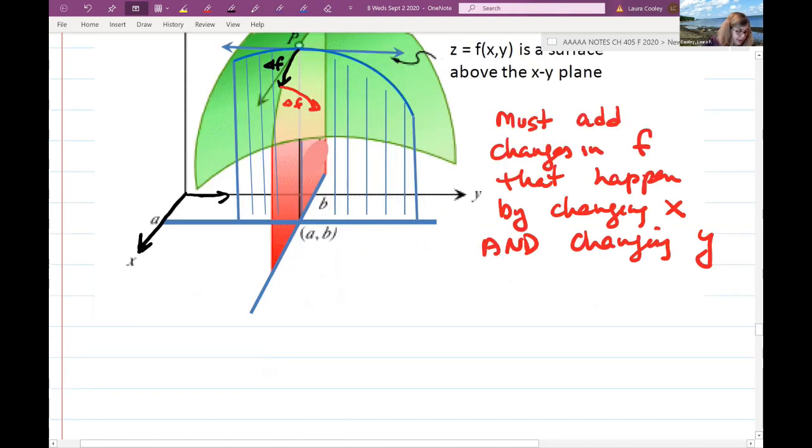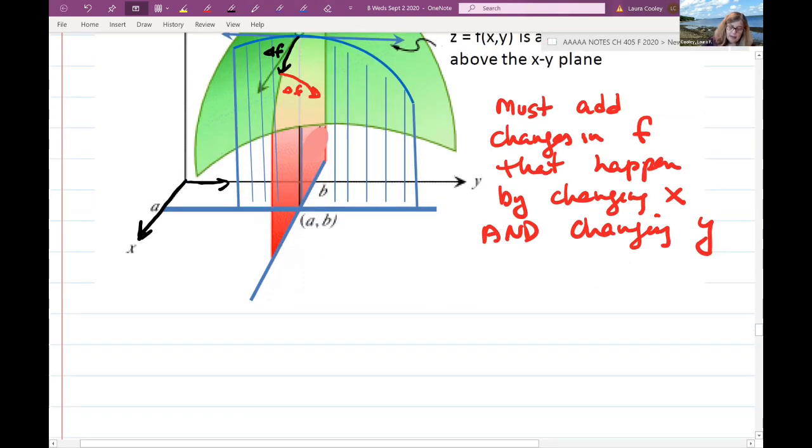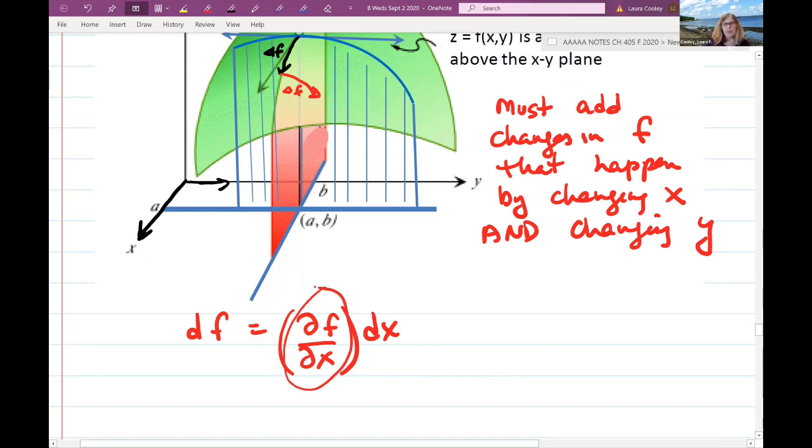And each of them has a formula like df is df dx dx. Now they're partial derivatives, right? Because there's two variables. So this is basically what I had before. The change in the function is the derivative with respect to x times the change in x. And that's exact as long as dx is an infinitesimal for any type of function, linear or not. But now I have to do the same thing.